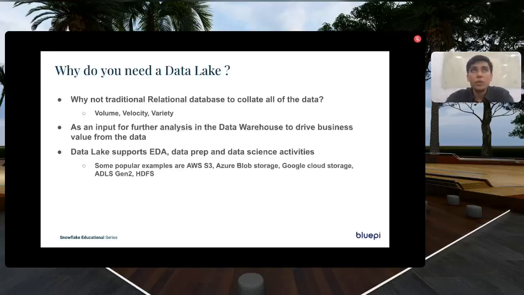Data warehouses were primarily structured, so they are relational in nature, right? If you see facts and dimensions and data marts in a typical data warehouse, they are not meant to analyze your semi-structured or even unstructured data.